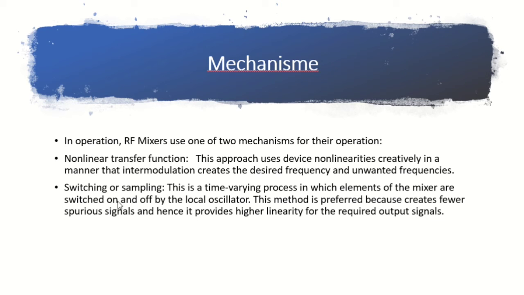The on and off is produced by the local oscillator. This method is preferred because it creates fewer spurious signals, hence it provides high linearity for the required output signal. So for an RF mixer, we require high linearity to get an output with lower spurious signals, okay.